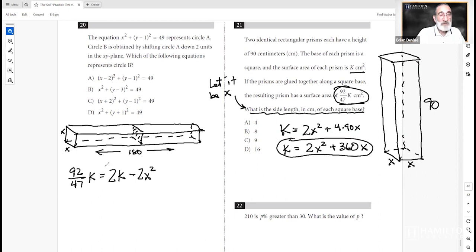But I'm going to look at it this way. I'm going to add 2x squared to both sides. 2K would be... pardon me, I wrote it backwards.